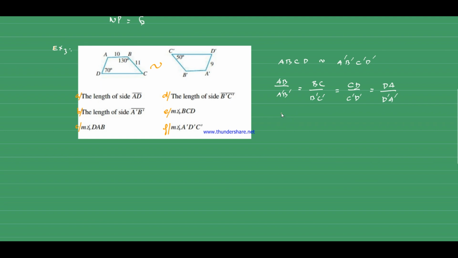Now we already got these 10. A prime B prime we don't know. BC is 11, B prime C prime we don't know. CD we don't know, C prime D prime we don't know. DA we don't know, but D prime A prime we do, 9.